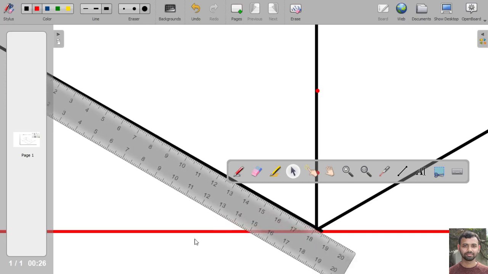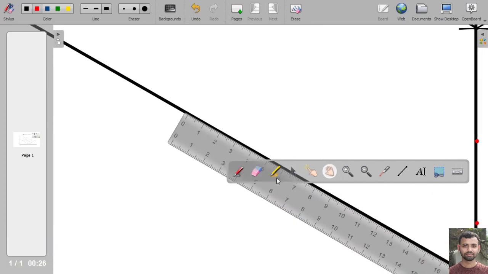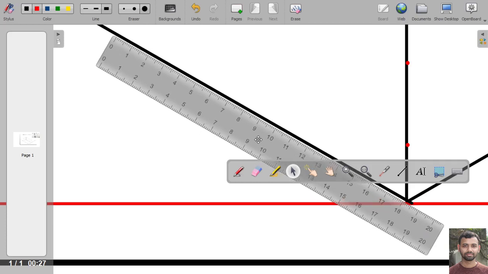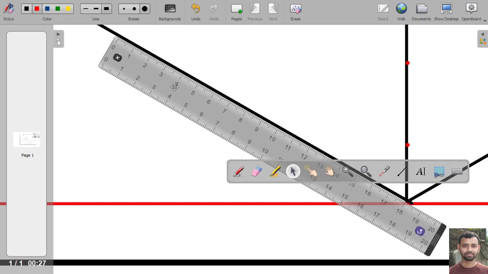So from this point, this is 18 centimeters.